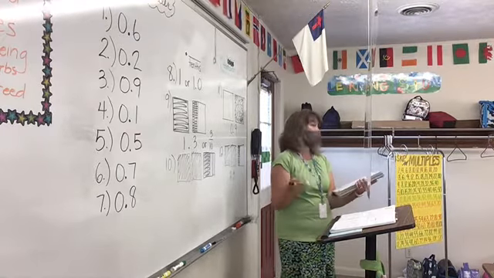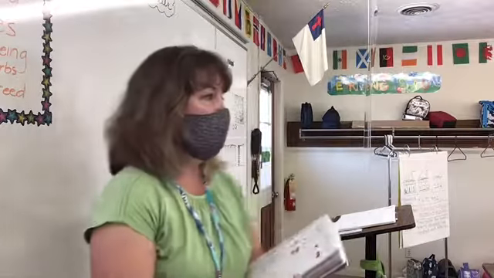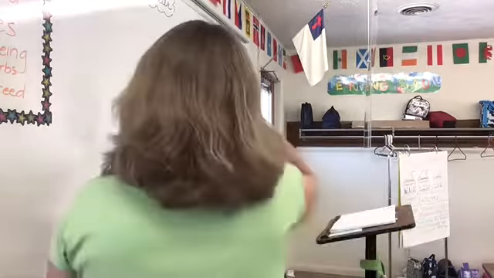So who can tell me how you would write number 13? It is 6 1/10. Jensen? You would put 6 as the first number, decimal point, and then you would put a 1. Good. 6.1.